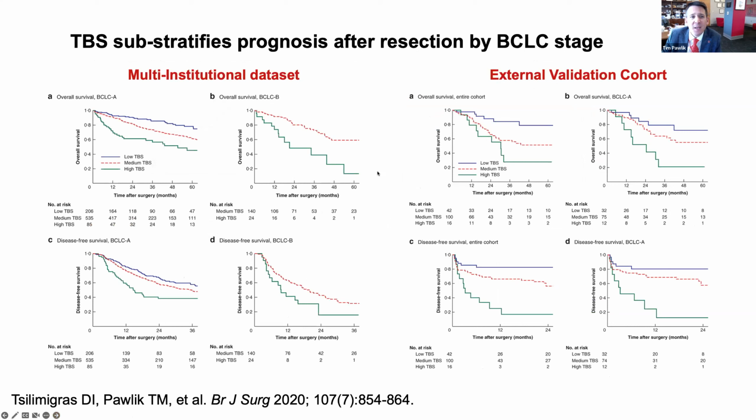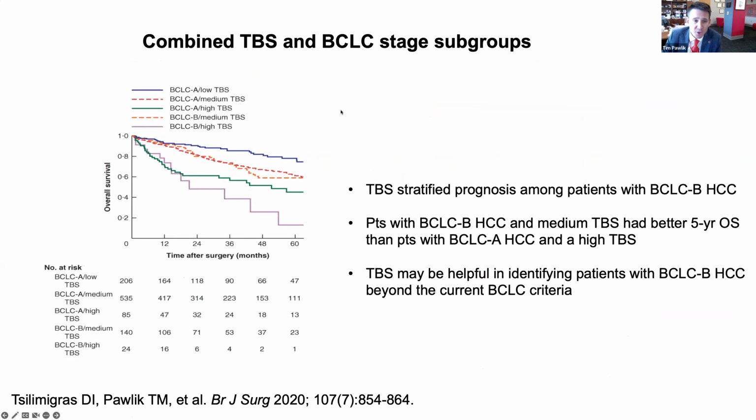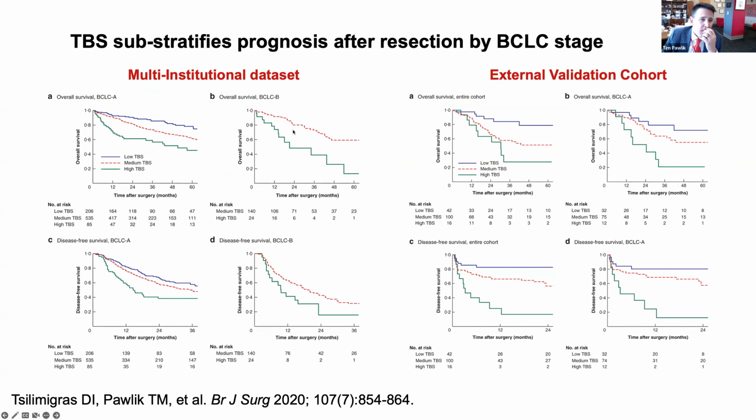What we've done in these figures is stratify patients relative to BCLC A and B, relative to the tumor burden score. And what these data demonstrate is that indeed, amongst patients who have BCLC B stage disease, those who have a medium tumor burden score do significantly better. And we did this in our multi-institutional data set.